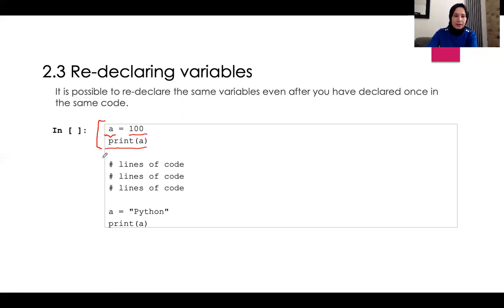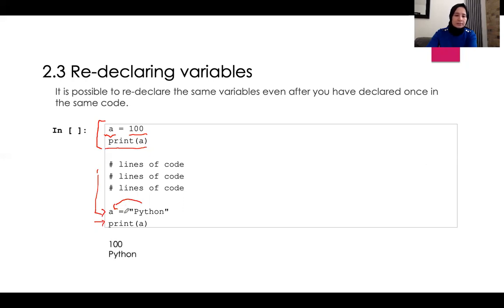After some lines of code, we would like to redeclare the same variable name, and we assign Python as a value to this variable and print it out here. The value of A will change because we redeclare it.